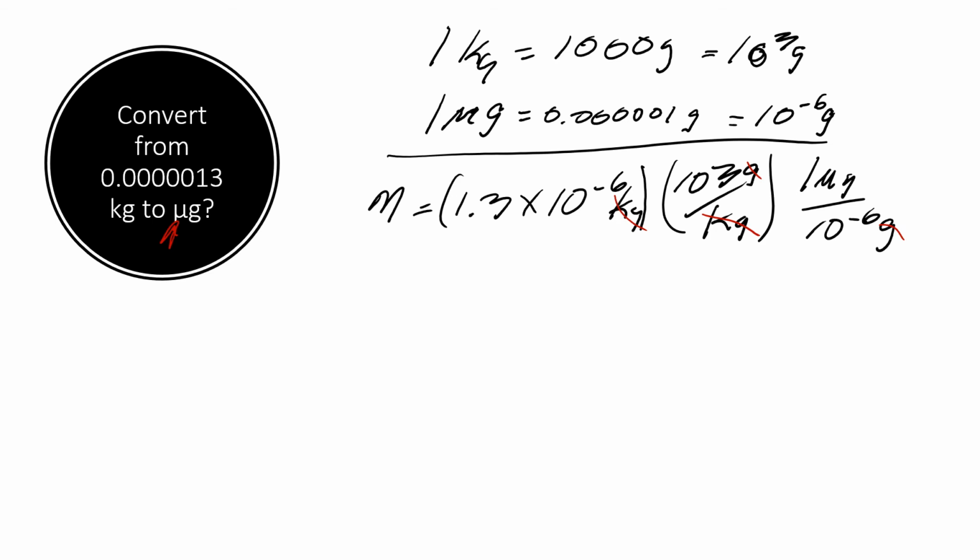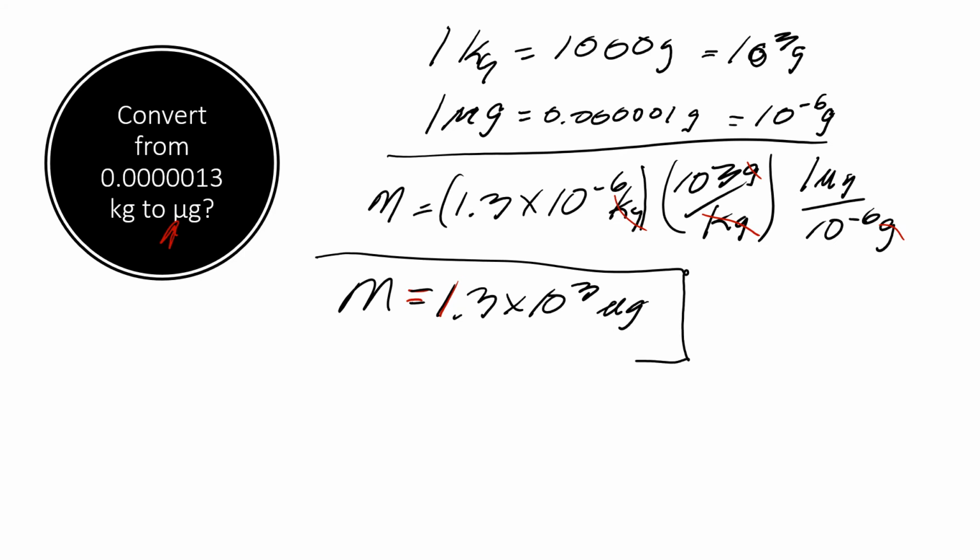So negative 3 plus 6 is going to be a positive 3. Equals 1.3 times 10 to the third micrograms. All right, so that's what our mass equals.